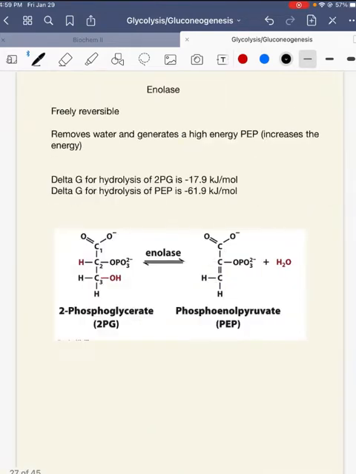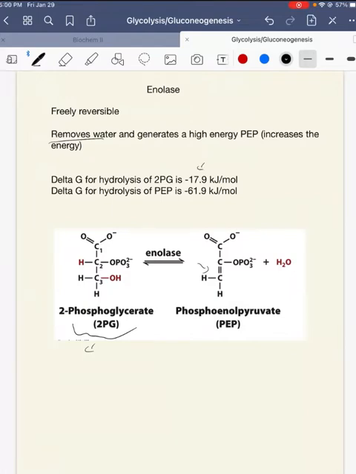Okay, so now we have our 2-PG. This is already a high energy molecule, but what we do is we remove a water and add a double bond, and we make an even higher energy molecule. Like I said, this molecule is already high energy. It has a delta G of negative 17.9.